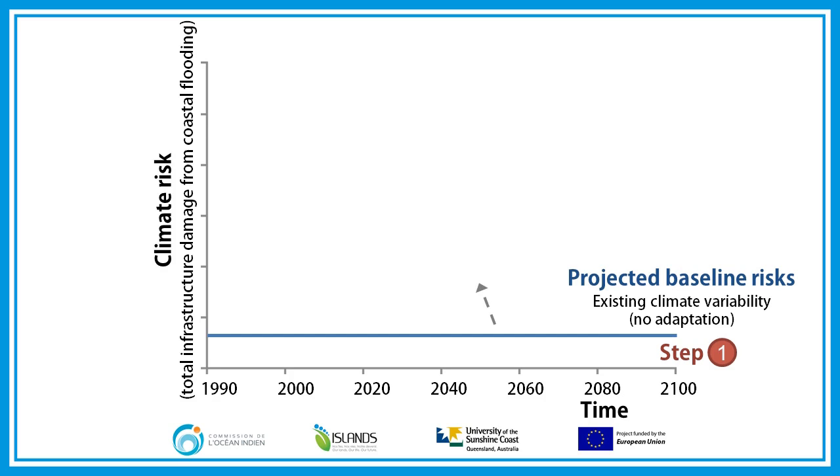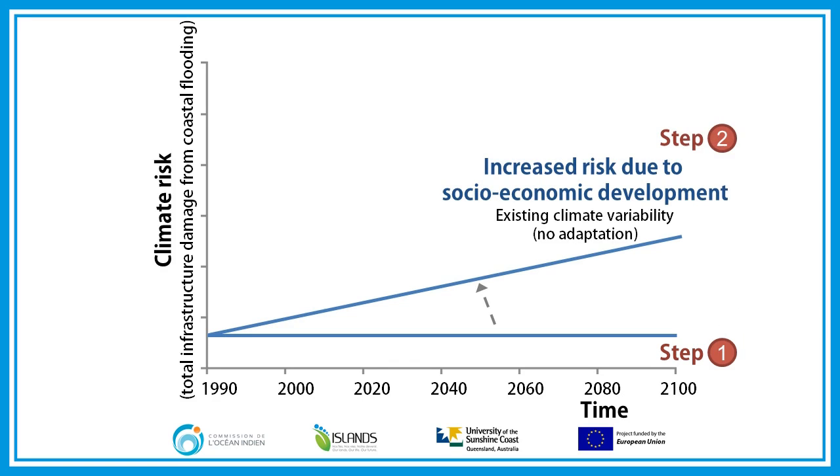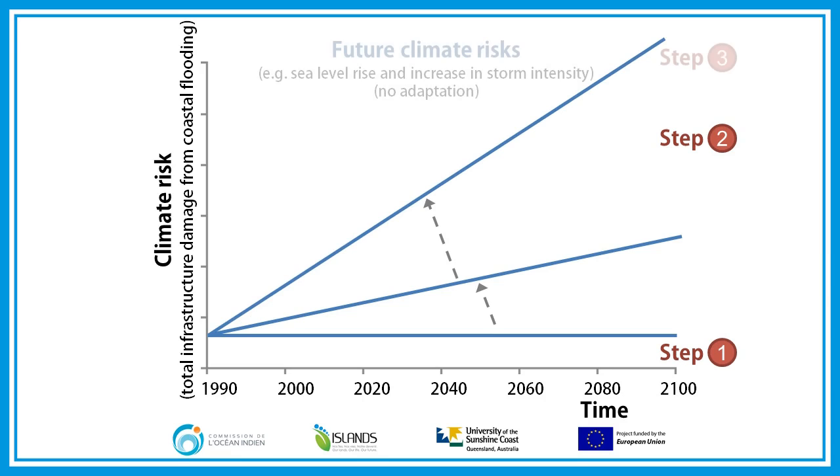The second step in the assessment process is to develop a future projection of socioeconomic development to predict the additional damage that will occur because of the construction of more infrastructure and the creation of local livelihoods in high-risk areas. The third step is to develop climate change projections to predict the changes in the frequency and intensity of damaging weather events and the additional costs that they will impose on the village.